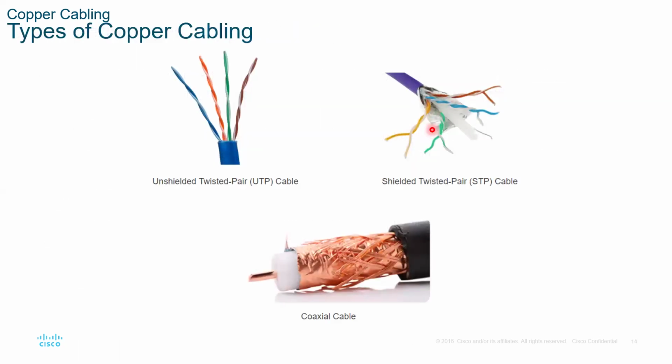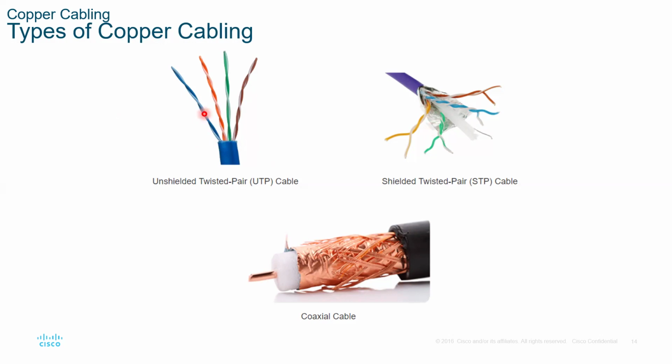Types of copper cabling: we have UTP, STP, which is shielded twisted pair. The LAN cable we use when connecting to the internet on your laptop is basically this cable, UTP.